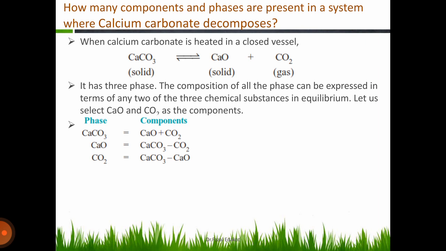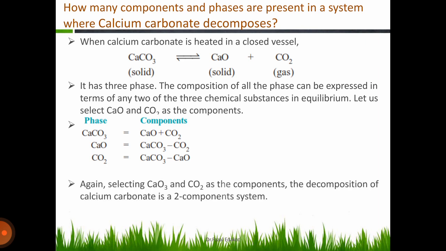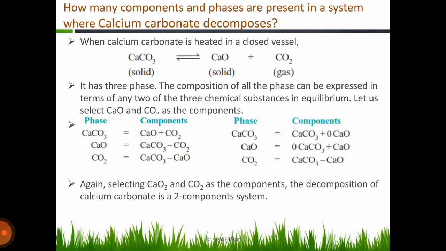So, in order to represent each phase, how many components are required? The other way is selecting calcium carbonate and carbon dioxide as the components. The composition of the calcium carbonate is a 2 component system. You can do it like this also.